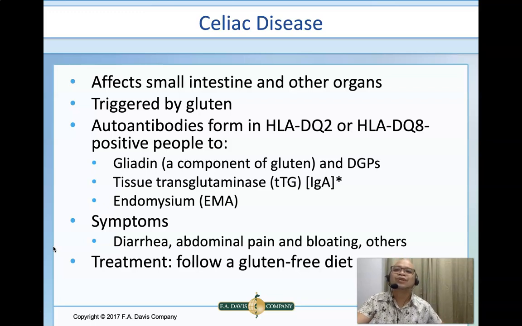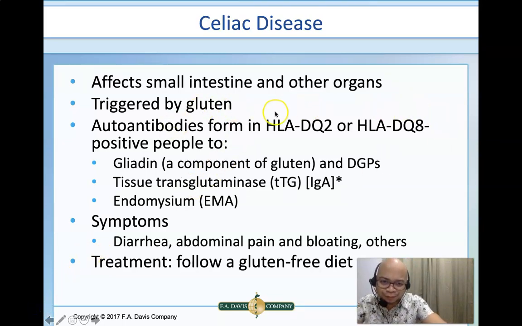Okay, so in celiac disease, the markers are HLA-DQ2 and HLA-DQ8. If you are positive for HLA-DQ2 or HLA-DQ8, and these are found in people who are sensitive to gluten.